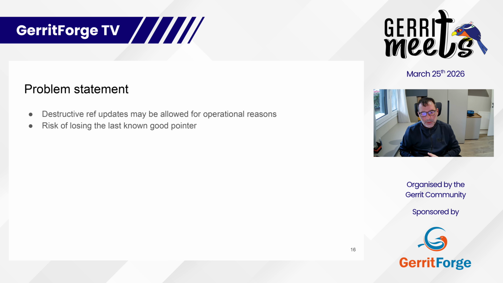You have the risk of losing the pointer to the correct object for a particular reference, and that could be a big issue. Imagine that suddenly your master branch disappears. I think you're gonna have some trouble.